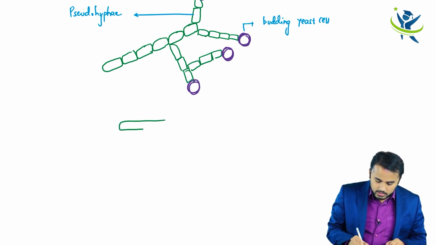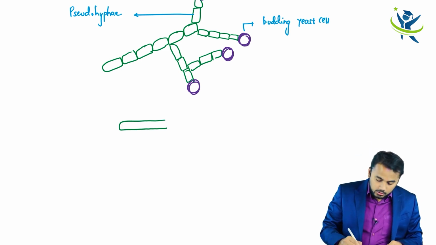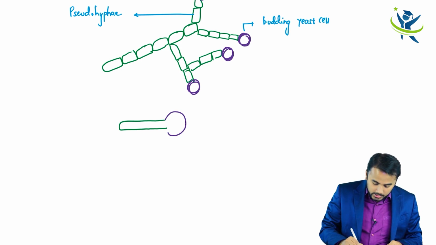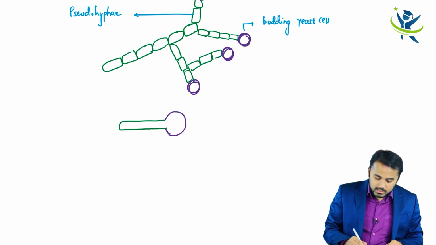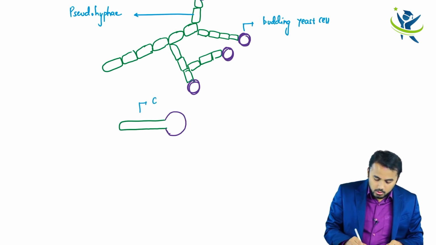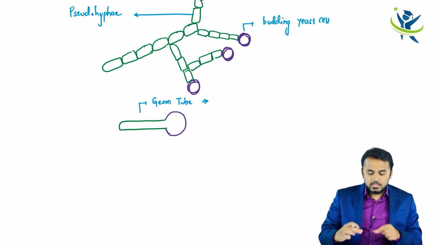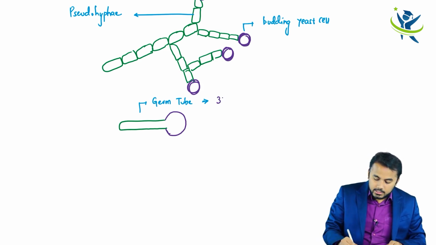This is a small germ tube, and on the top of the germ tube you have got a budding yeast cell. This entire unit is called a germ tube cell. And at what temperature is this germ tube cell formed? It is formed at 37 degrees centigrade.